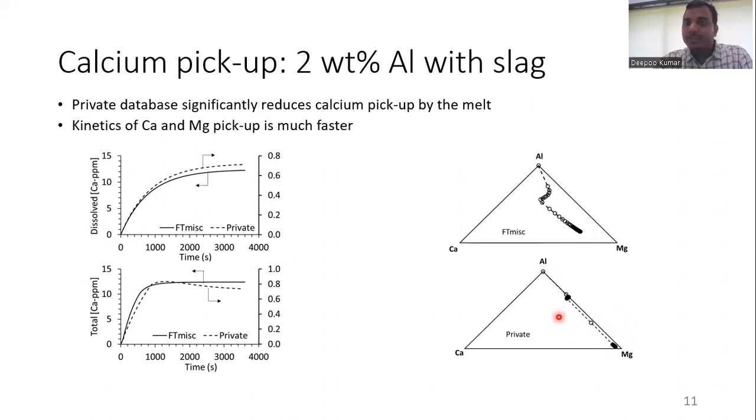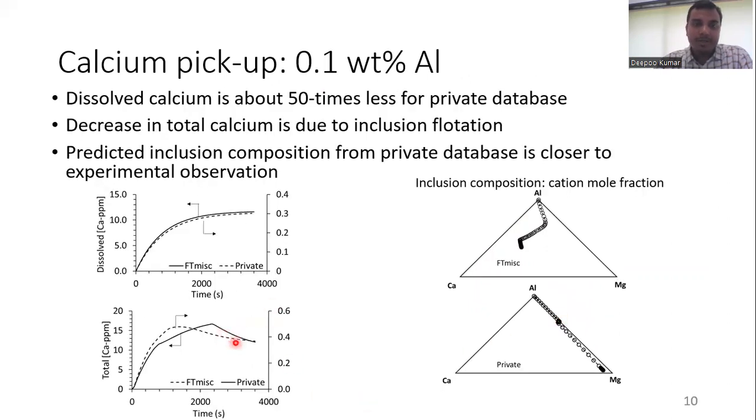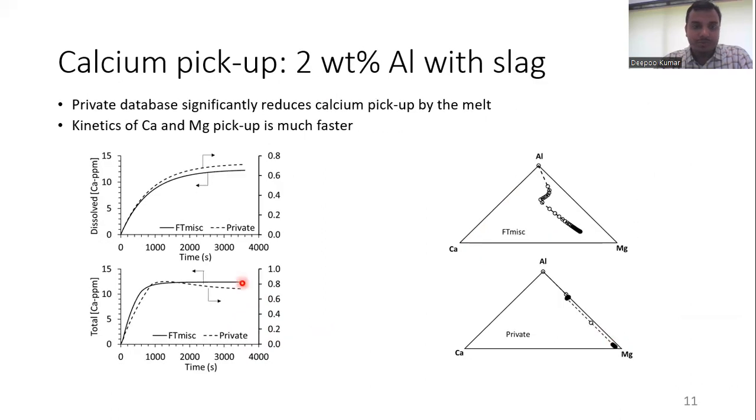So the kinetics is much faster with 2.8% aluminum as well. Okay, so you can see in both cases there is limited calcium pickup. However, even if you look at the private database, the amount gets almost doubled. So there is certainly an effect of aluminum, and that gives us more calcium.